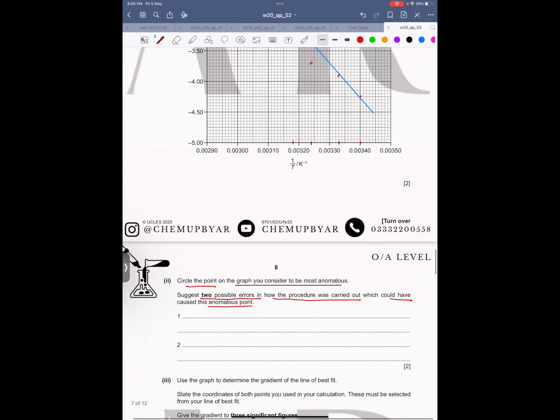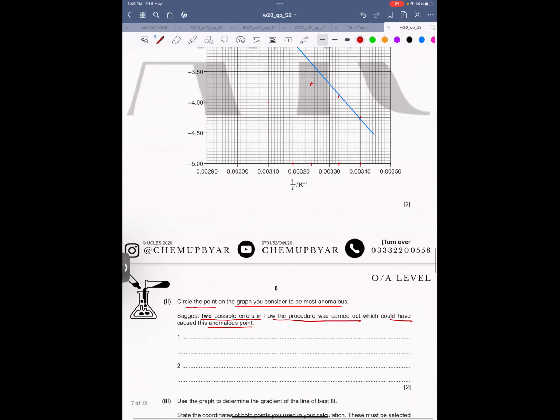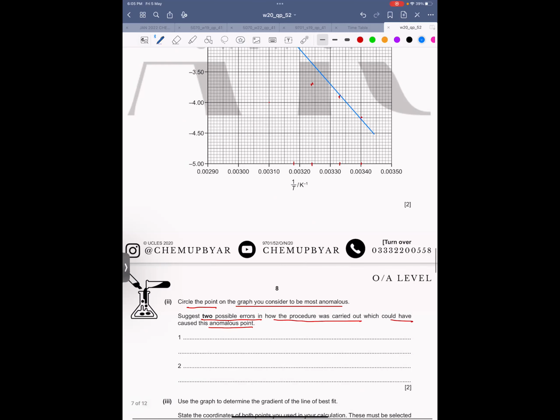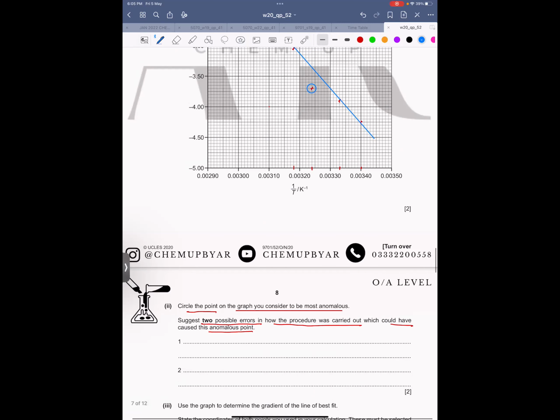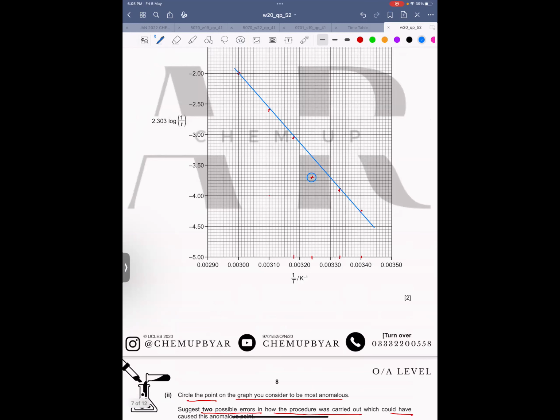So if we see the anomalous point, the anomalous point is this. So I have circled it. Now the other thing, I have to find out the two possible errors. Can anyone suggest the two possible errors?